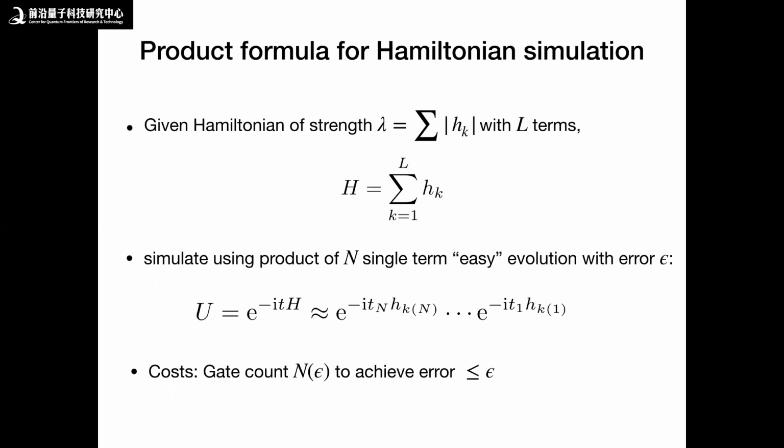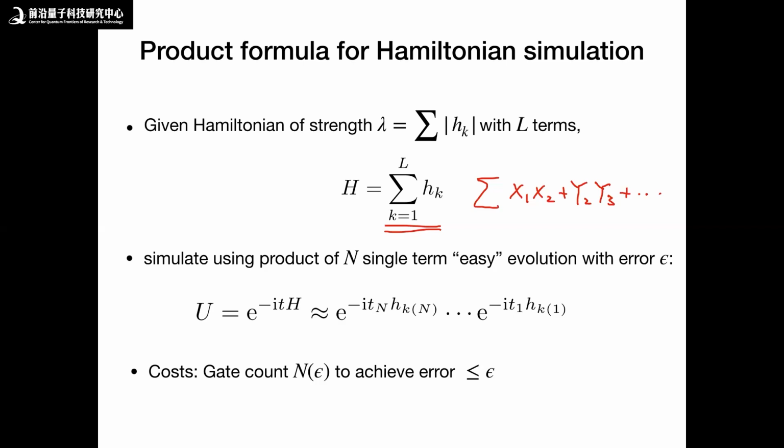More carefully, in our task, we're given a description of the Hamiltonian to this level. We're given that it's a sum of a few terms. For example, it could look like h times X1 X2 plus Y2 Y3 plus dot dot dot. Even these, which may look very simple, are already hard to simulate on a classical device.